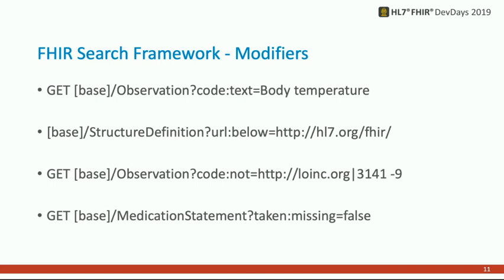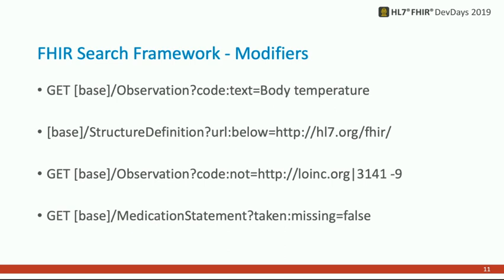There are four kinds of tokens. You can have both bits, which is I care about the system and I care about the code. Or you can put the system and then a pipe, which means I care about the system, I don't care about the code. Or you can just put the code, which means I don't care about the system, but I do care about the code.